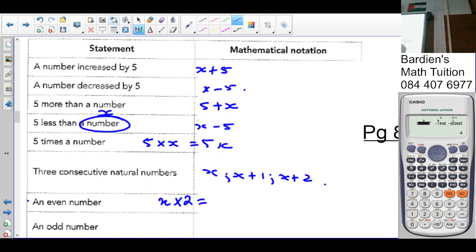In case it is odd, it will always result in an even number. So choose a value for x. 5. What's 2 times 5? 10. Is that not even? Yes. Choose another value for x. 4. 2 times 4? 8. Is 8 even? Yes. So by saying 2x, that means it will always be even. You guys understand?